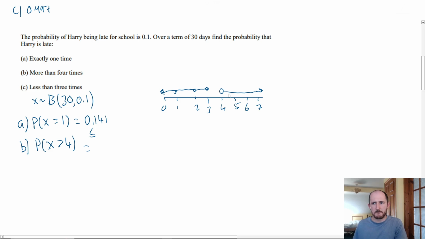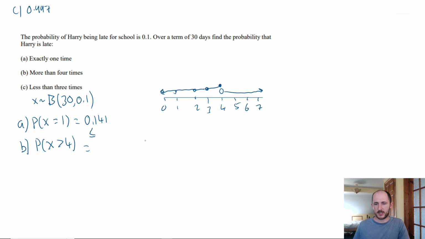So why 1? Well, if it's not less than 4, it has to be greater than or equal to 4, right? So that means we would actually have to include this value as well. My bad. If it's not less than or equal to 4, it must be greater than 4.